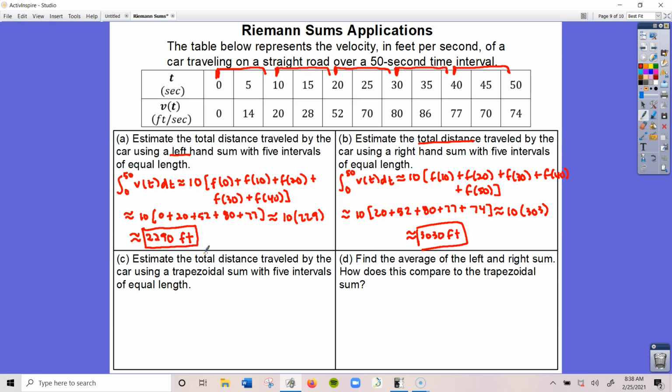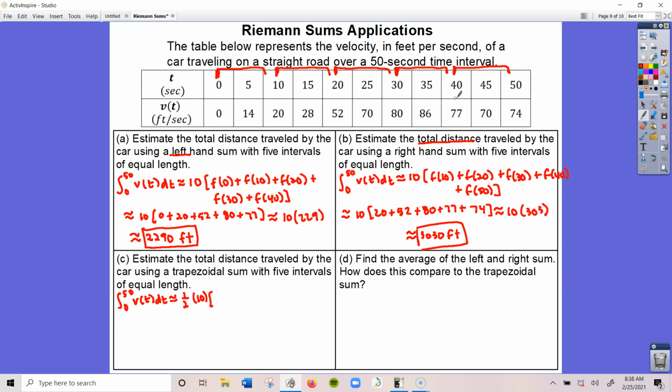Now we have estimate the total distance traveled by the car using a trapezoidal sum with 5 intervals of equal length. So again, these are still 5 intervals of equal length, but now this is a trapezoidal sum. So when we're doing a trapezoidal sum, remember your formula here. The integral from 0 to 50 of v of t dt is going to be approximately 1/2 times the height of each trapezoid, which is still 10.